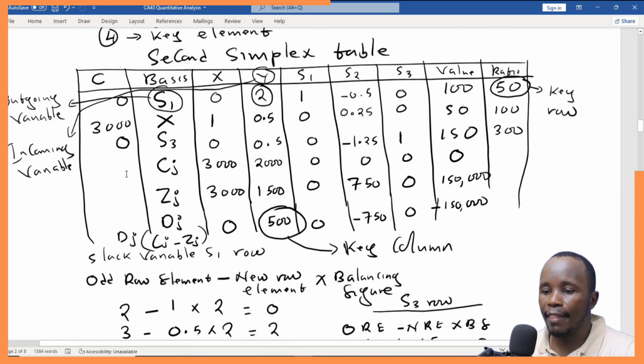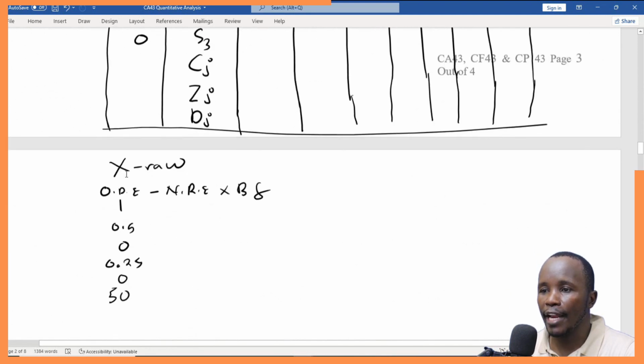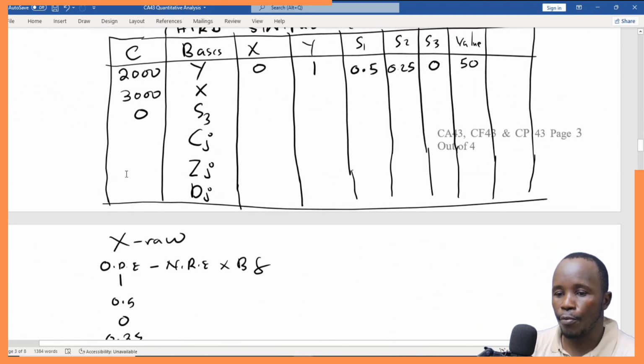Now, having done that, I need to record the new row elements. New row elements are on top here.